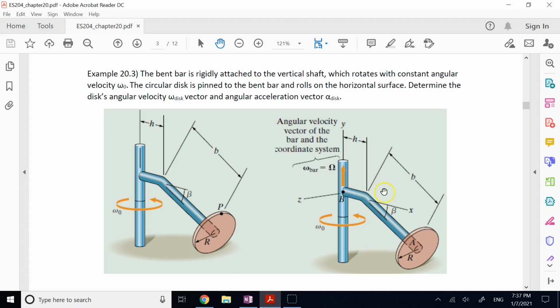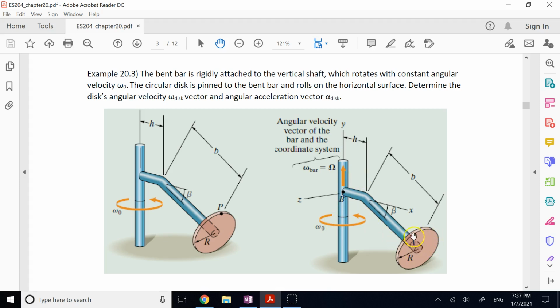So here you have this secondary frame xyz. Now what is the secondary frame? It is attached to the bent bar. So when this bent bar rotates about this vertical shaft with omega naught, this coordinate frame also does that rotation, okay?